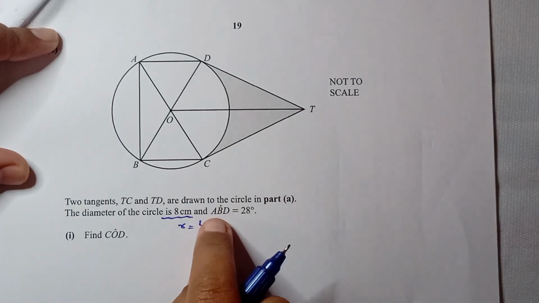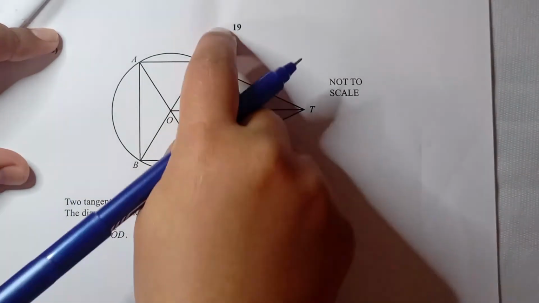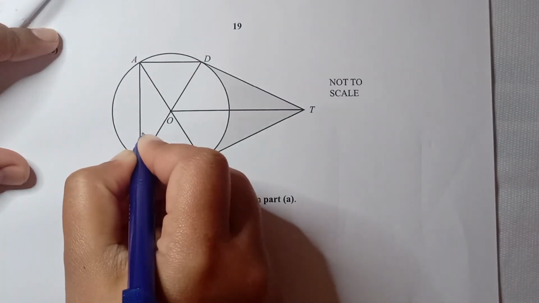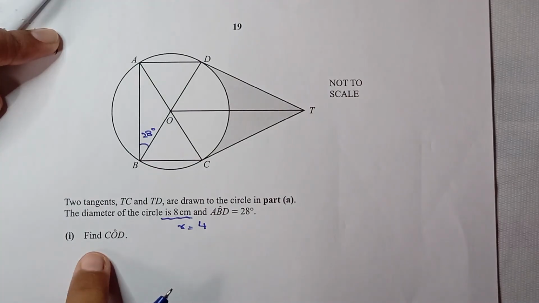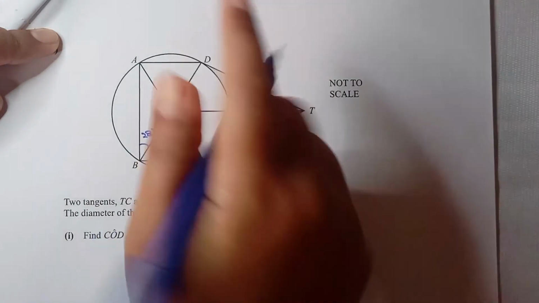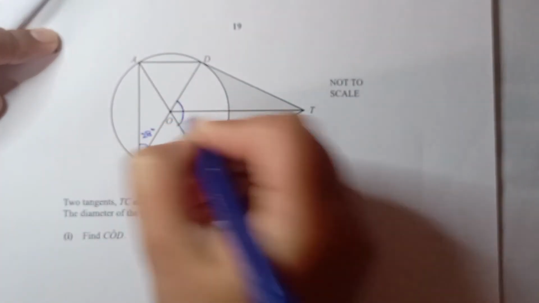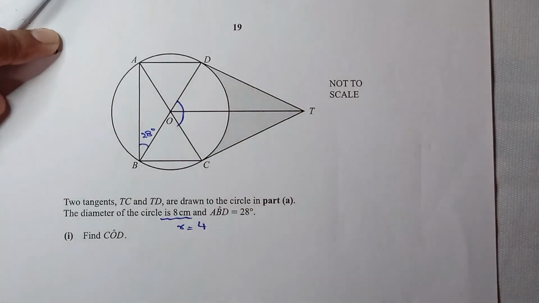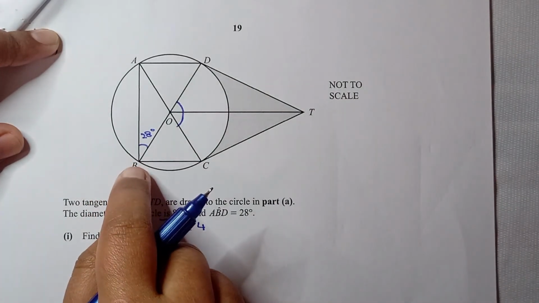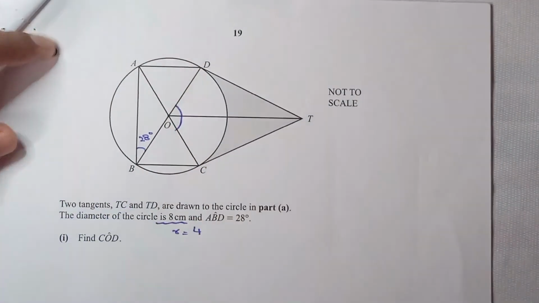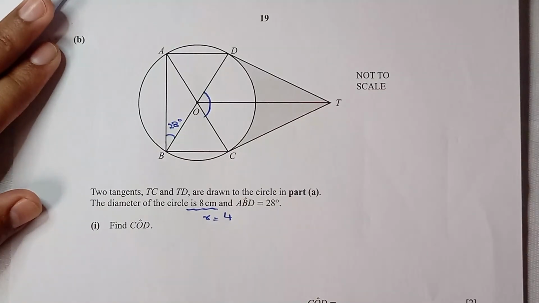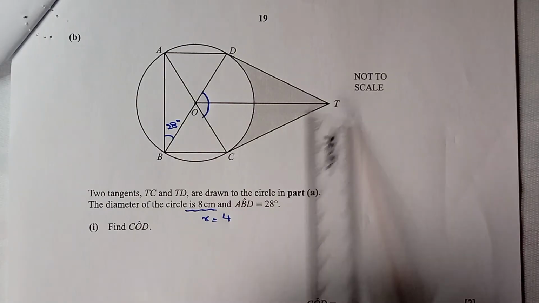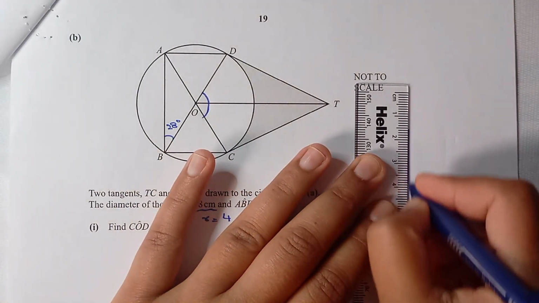And angle ABD is 28 degrees. Now for the first part, we need to find angle COD. How can we find this angle? If we consider this triangle BAD, let me draw it separately again, the triangle BAD.